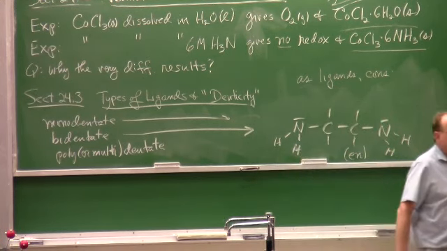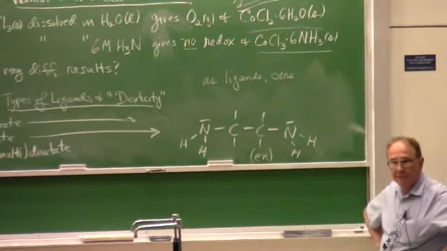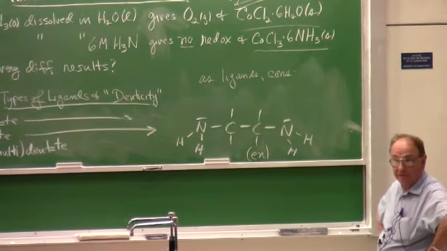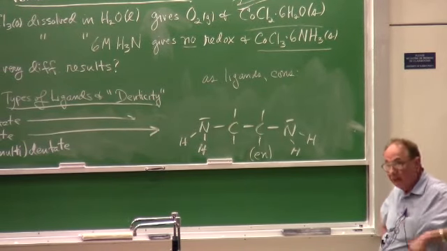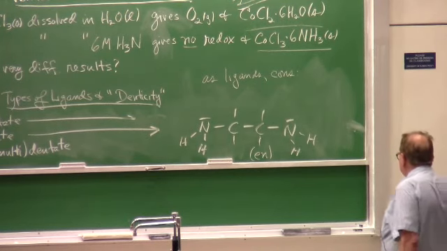Its name is ethylene diamine. I don't care about its name. You can learn about that in organic class. But it's commonly abbreviated as EN. A, because it's so very common, and B, because its name is ethylene diamine. EN.